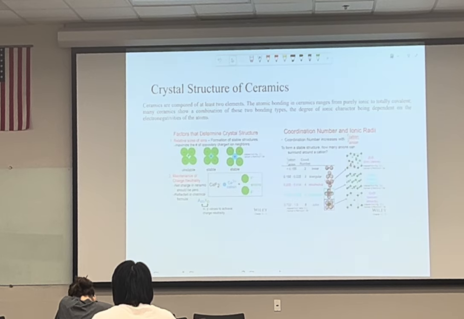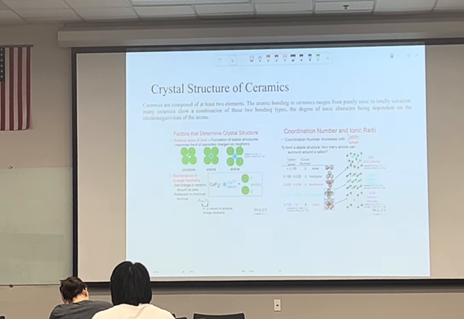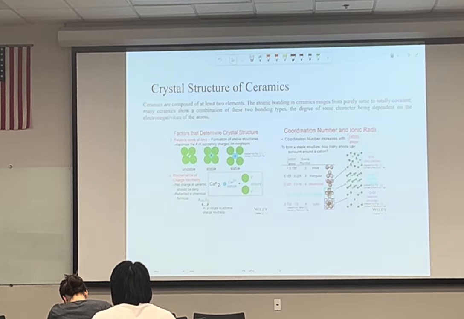The second thing we have to be careful about is the charge of the overall structure. We know in total, the general structure should be neutral. Based on these, we have some concepts here. First concept is coordination number, which is the number of anions that are neighbors of a cation.